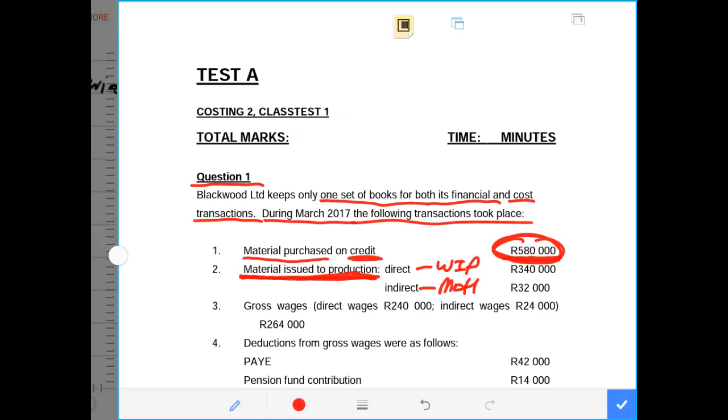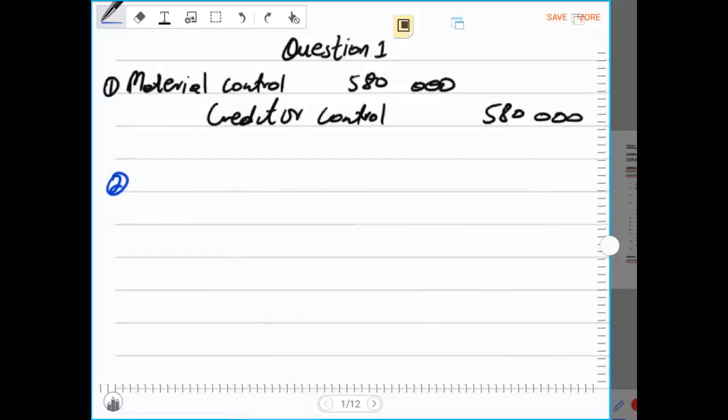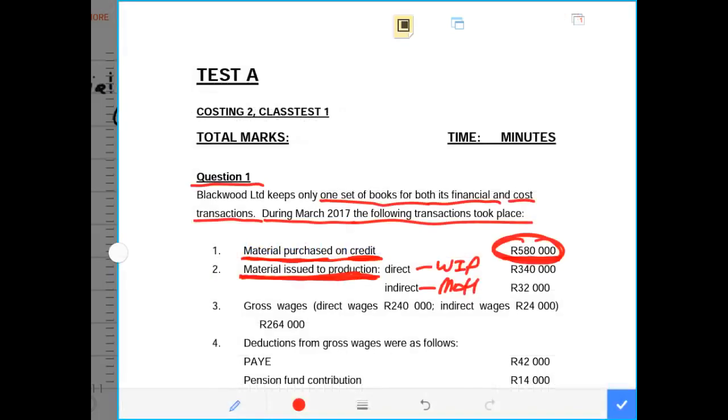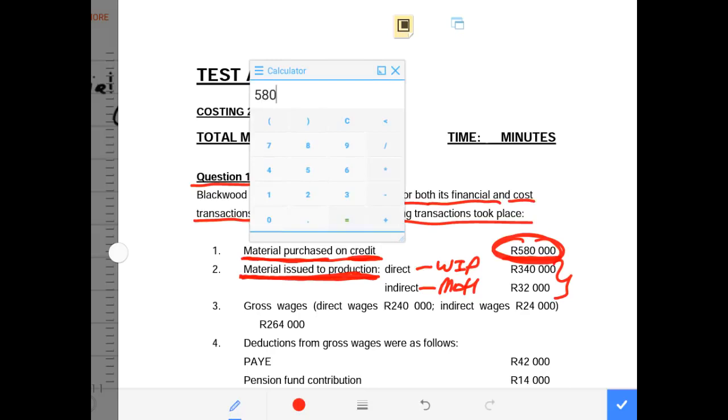Now we are taking material from the material control account, and if we are taking material from it, we expect that the material control account will decrease on the credit side. Material control will decrease because we are taking material from storage and sending it to the production department. The total of that will be the sum of the two materials that were issued. If we calculate the sum of the two, that will be 580,000 rands, which is direct, plus 340,000 rands, which is indirect.